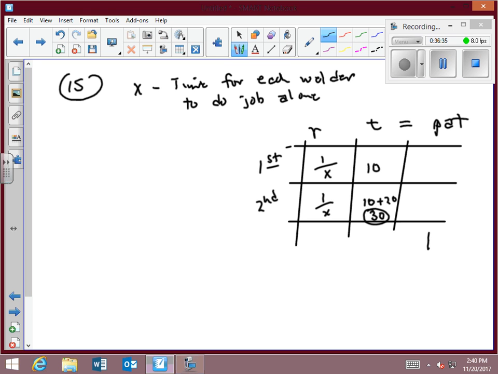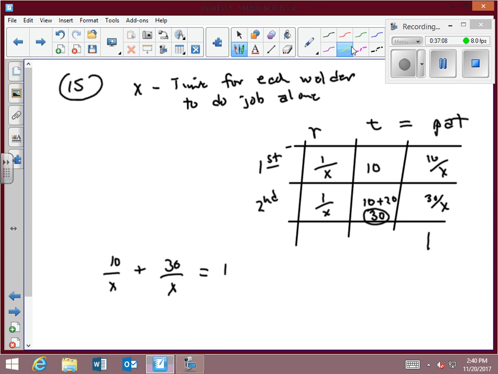Now, how are you going to write the equation that you're going to solve? You multiply across, right? 10 over X, and then 30 over X, and you sum down, and that'll give you the equation you want to solve. 10 over X plus 30 over X is going to give you 1 job.